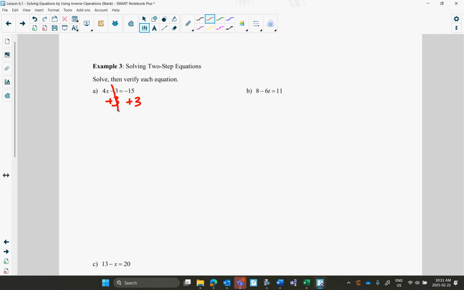Add 3 to both sides, so those cancel out, and I'm left with 4x equals -12. Still got to get rid of the times 4. Divide 4, which means I got to do the exact same thing to the other side. So I'm left with x, and then my answer, -3.